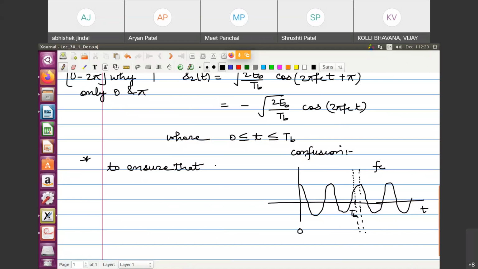So to ensure that each transmitted bit contains an integral number of cycles of the carrier wave, we are not going into the depth of why only an integral number of cycles.